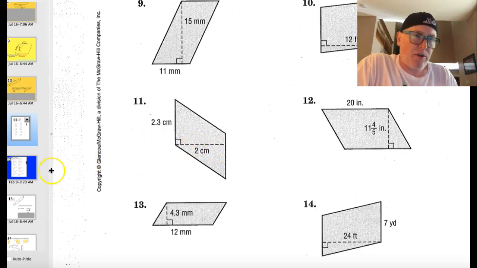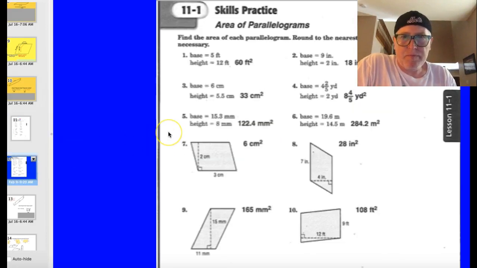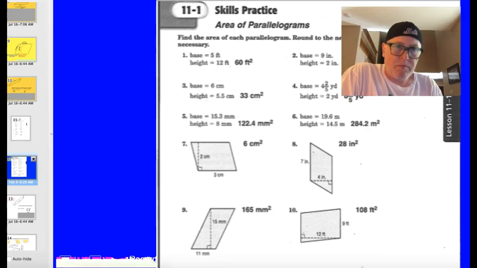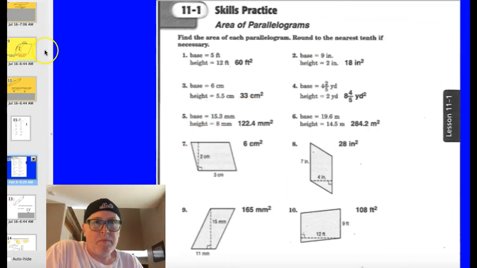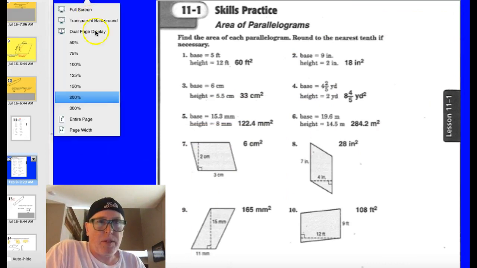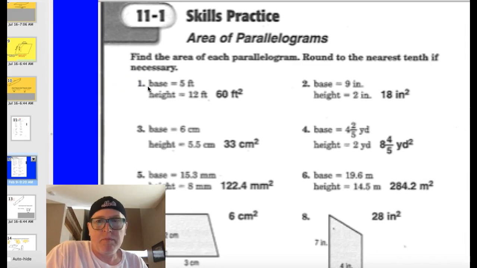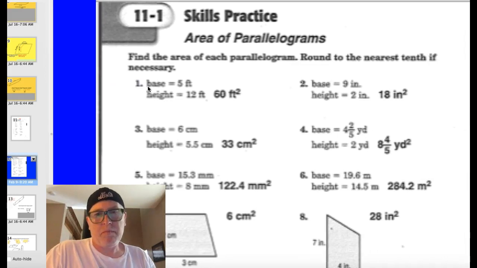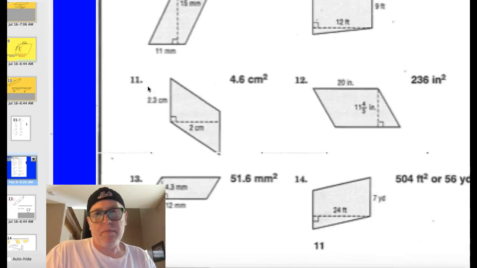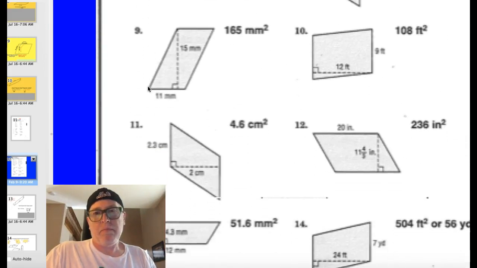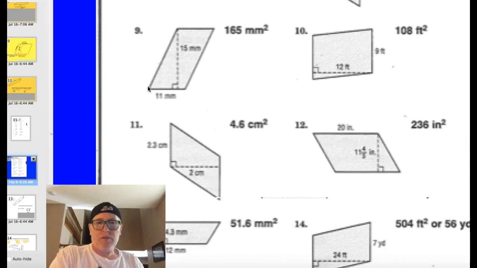Base times height, here are your answers. You've got just a touch bigger for you, a skosh bigger. It's 1 through 8. And there's 9 through 14.